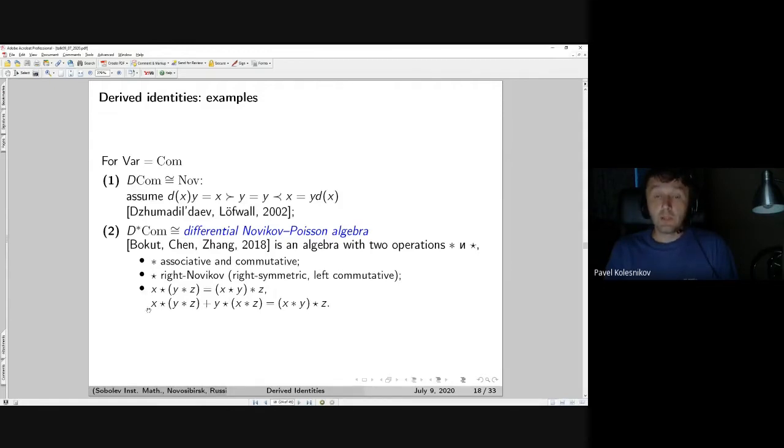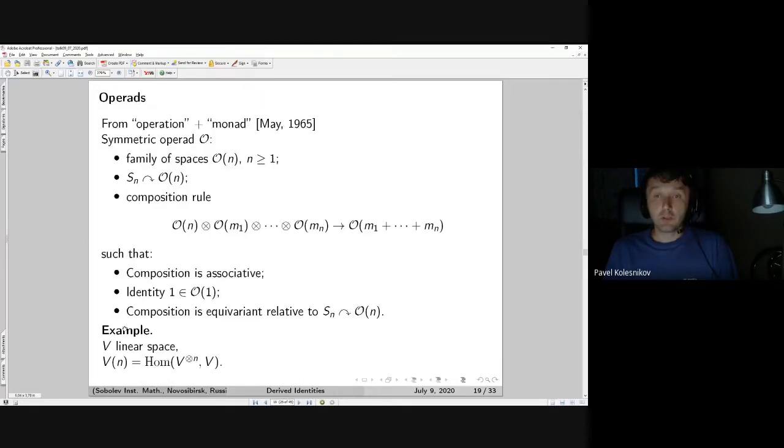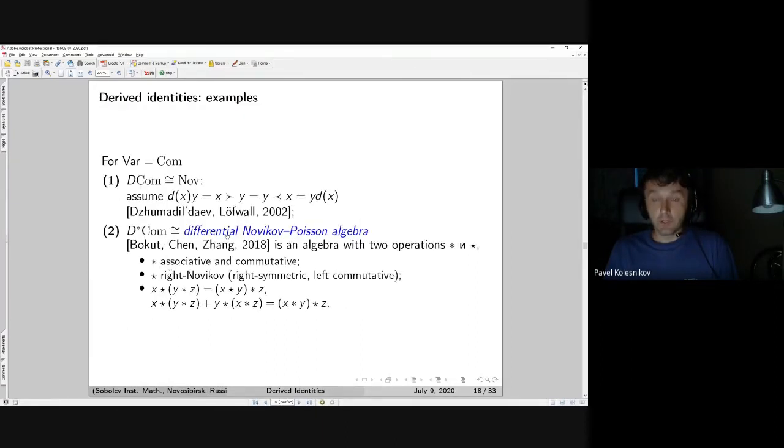And there are two identities that are responsible for interaction between them. Every differential Novikov-Poisson algebra can be embedded into an ordinary commutative algebra with a derivation. In the paper by Bokut, Chen, and Zhang, it was shown. So we may say that in this case, there are no other identities apart from these ones.